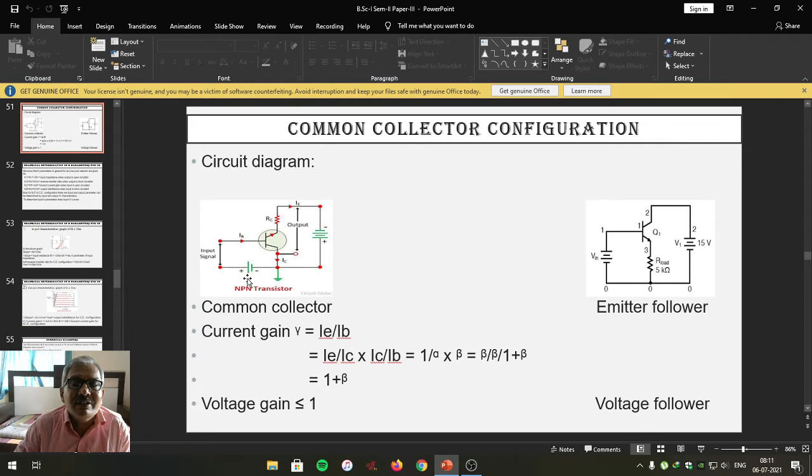So that's why we can say emitter base junction is forward biased. Whereas another power supply is connected between collector and base, in such a way as to reverse bias the output junction.